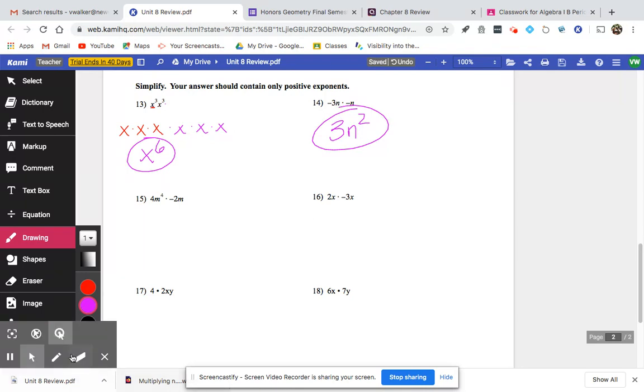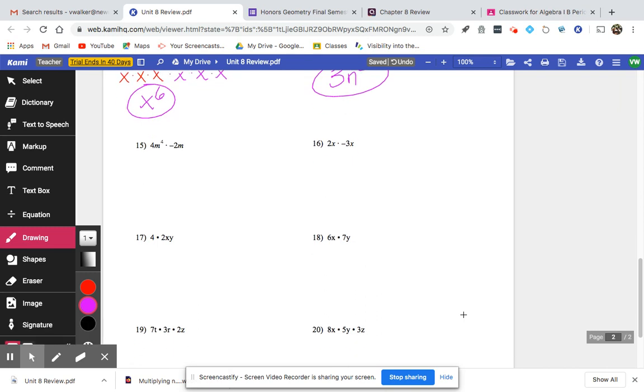Number 15, multiply the numbers first. 4m to the 4th times negative 2n. Multiply the numbers first. 4 times negative 2 gets you negative 8. M to the 4th and m. I've got 4 m's over on the left. I've got 1 on the right. 4 plus 1 is 5. So I've got 5 m's total. So negative 8 m to the 5th.